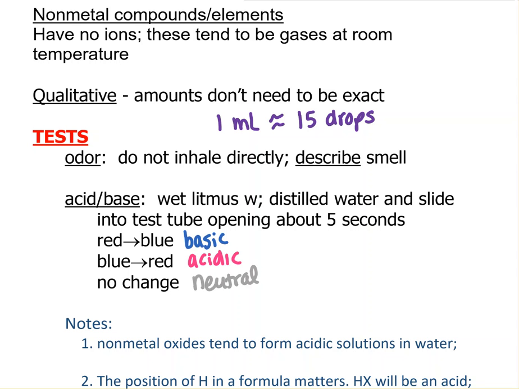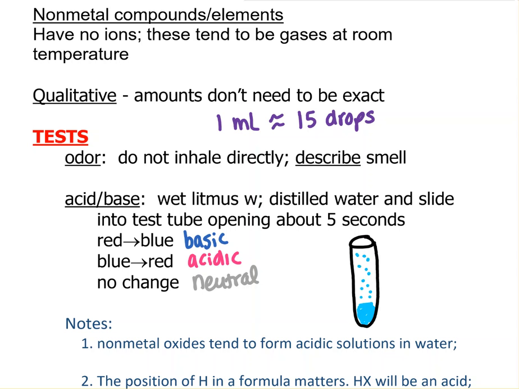And since I said we were testing gases and we're testing solutions here, let me tell you how that works. So we'll have our solution that is our reaction down here. And remember that the reaction is producing a gas, so the gas will accumulate up above in the space above.